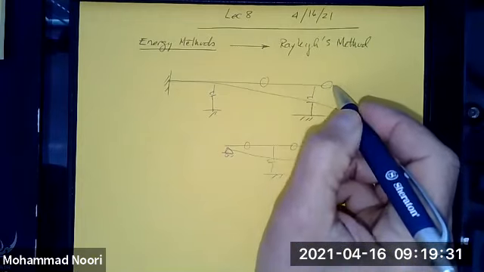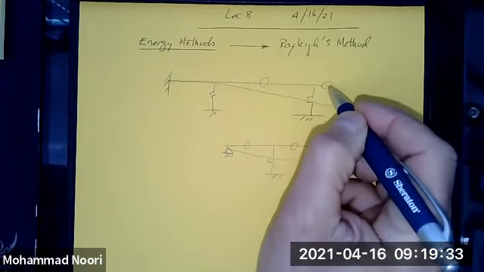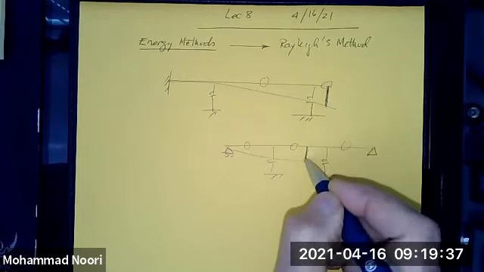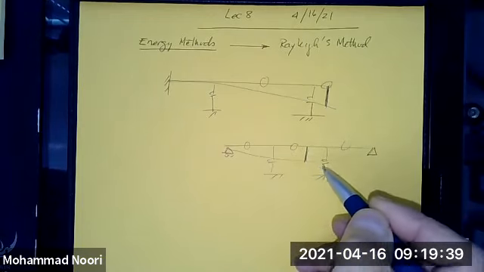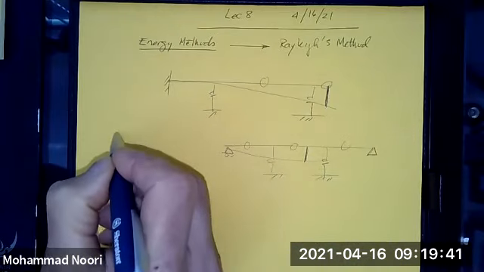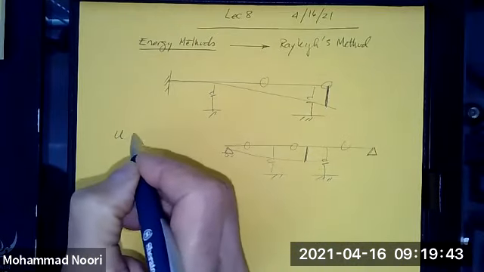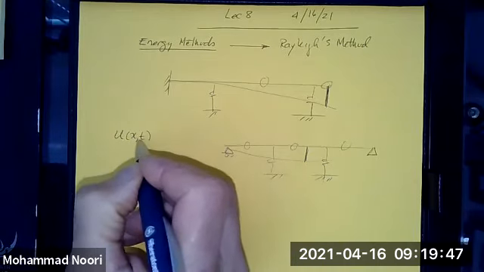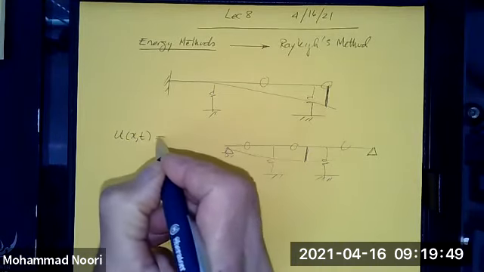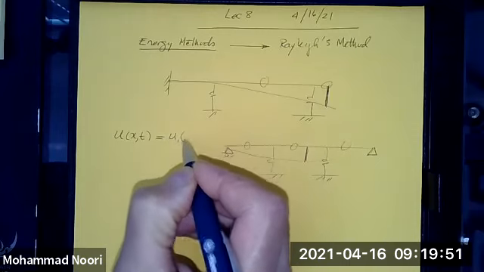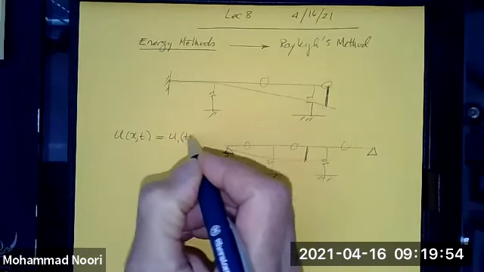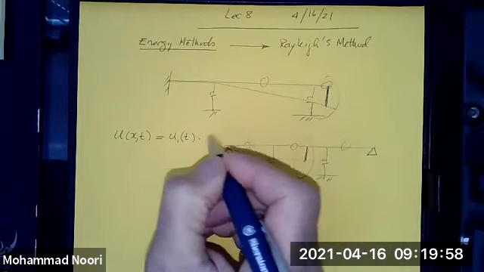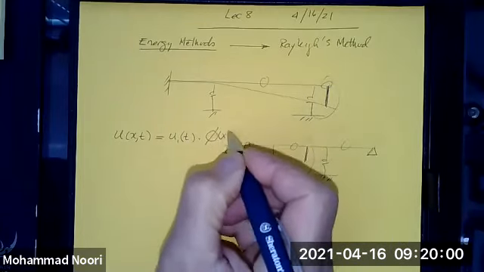You consider a single degree of freedom, let's say the maximum displacement at the tip or the maximum displacement in the center, which is what you're interested in, okay? And you can write the displacement at any point, although it is now a function of time, as the displacement at that location with a single degree of freedom times this shape function.